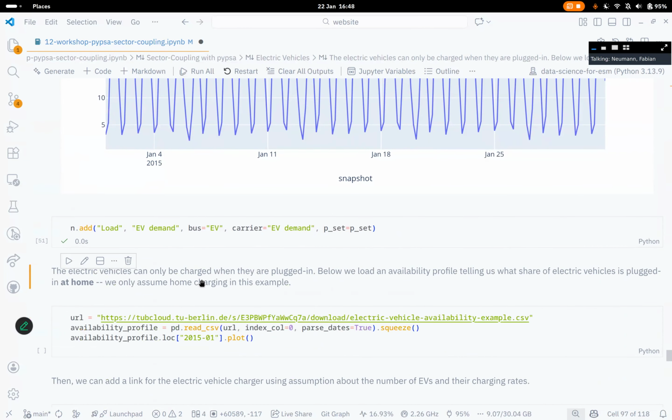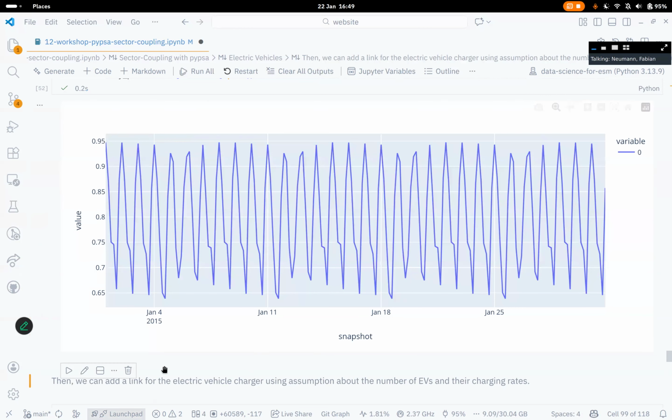And the problem that we have now is we can only connect the electricity bus with the EV bus for the fraction of electric vehicles that we assume are plugged in. So we need to impose on the link that we have from electricity to the electric vehicle some capacity limits that are time varying, that are following this availability profile.